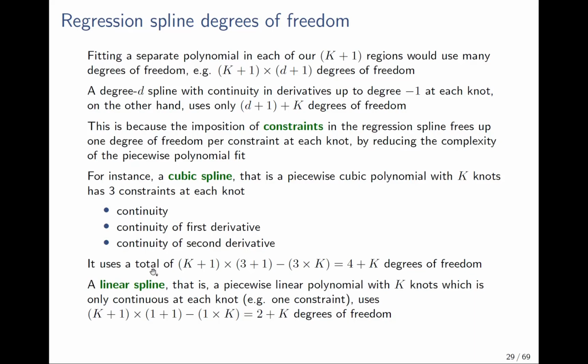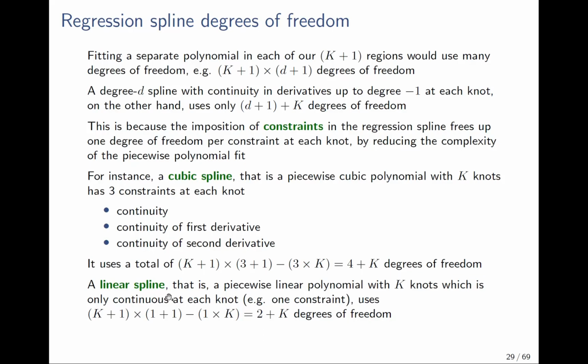So this cubic spline is going to use a total of k plus 1, that's the number of intervals, times 3 plus 1 parameters, minus the constraints, and there's 3 constraints at each knot, which is going to equal 4 plus k degrees of freedom, which is what we've said here. So d is 3 plus 1 plus k.